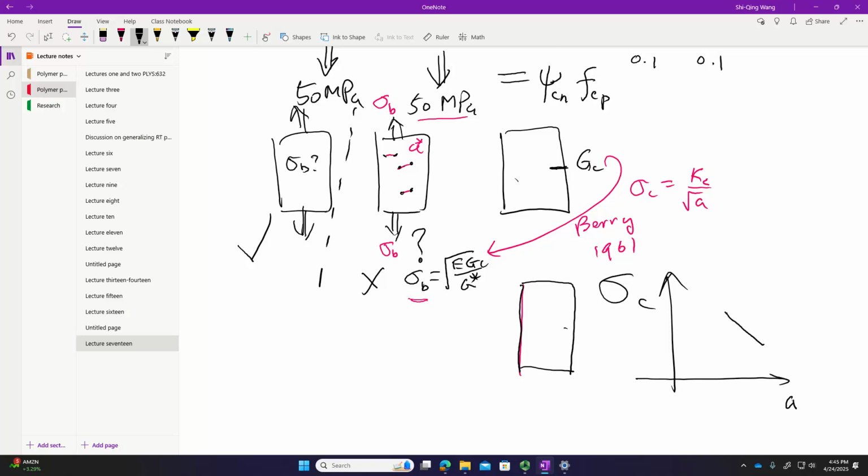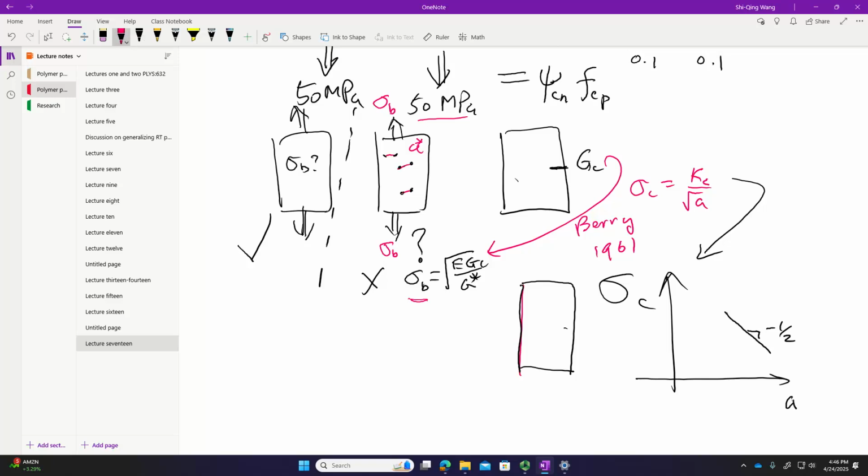Remember, if it's double log, it should be 1 over the square root, so it's minus 1/2. The smaller you make your flaw, meaning the notch, the stronger your material is, right? Sigma C. That's just Griffith's law.